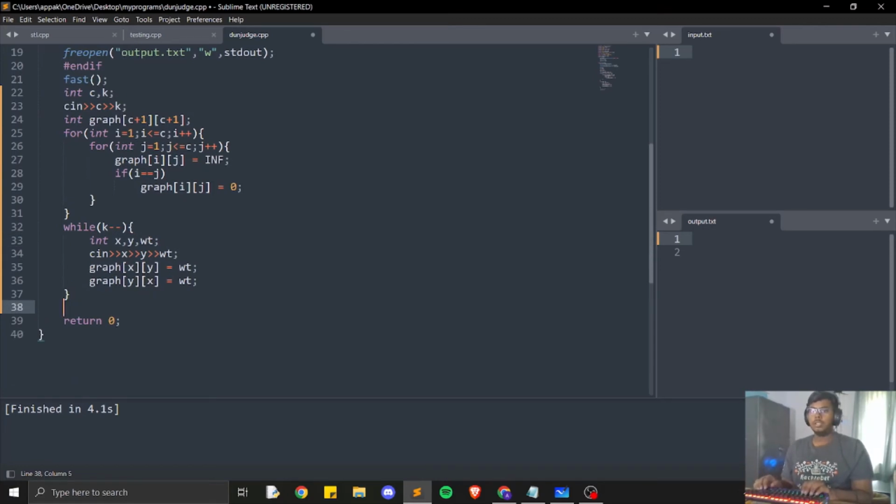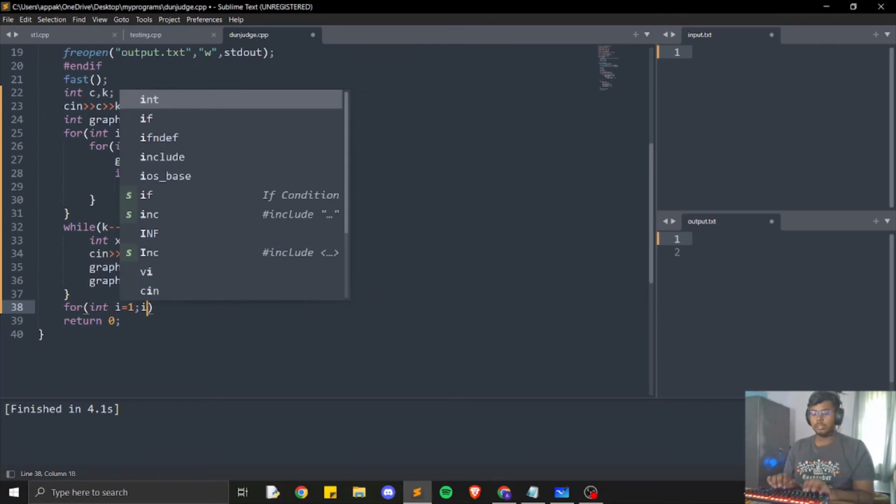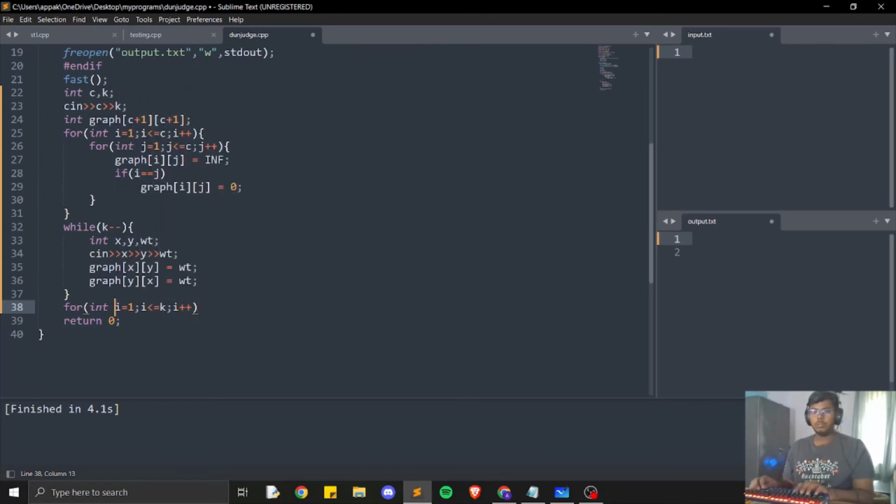Now let us apply the Floyd-Warshall algorithm to this. So we'll be using three nested loops. First, for int k equal to 1, k is smaller than or equal to c, k plus plus, which is basically the number of levels, as in how many nodes we will be using for the shortest path.